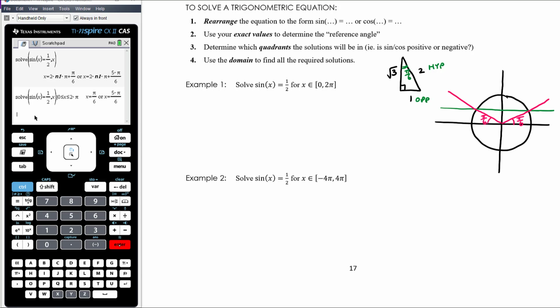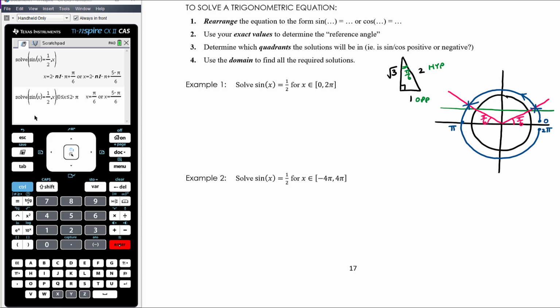So in this case, our domain is 0 to 2 pi. So in our unit circle, this is 0 here. 2 pi is one full lap around the unit circle. That's 2 pi there. That's pi over there. Okay. So we're traveling around the unit circle, and we can see that when we look between 0 and 2 pi, there are two solutions.